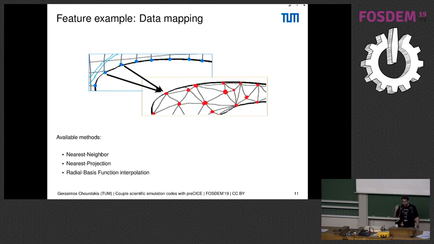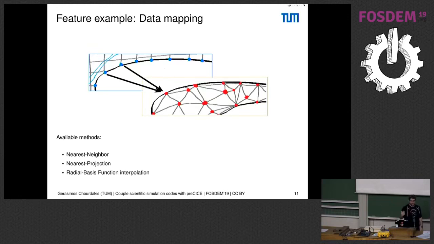First of all, the meshes do not need to conform. They can even have some space between them, and that's why we have the mapping techniques, which will do some interpolation. And depending on how sophisticated the method you use, the error will be bigger or smaller.